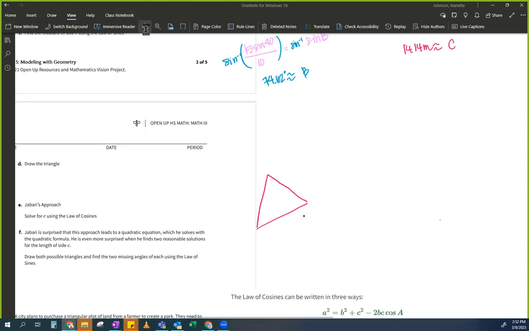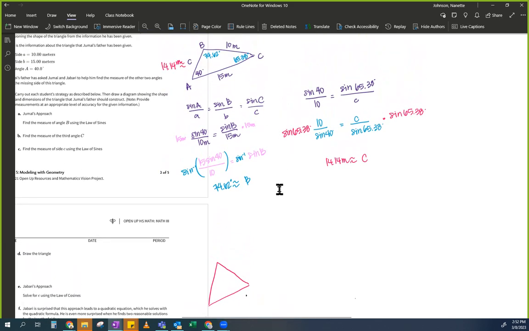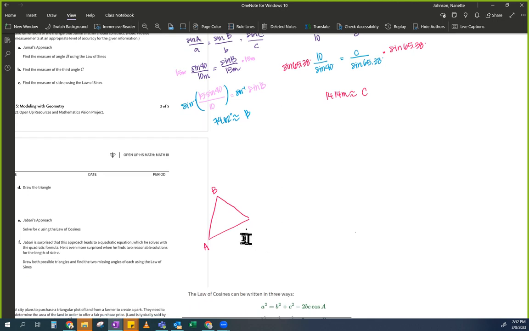So then I'm going to make this a little bit smaller so you can see both triangles. So notice here, this is still angle A, B, and C. This is 10 meters, 15 meters, and 14.14 meters. This is 40 degrees. This is 74.62 degrees. And this is 65.38 degrees. So here's what the triangle kind of looks like, right? It's not going to be perfect, but that's okay.